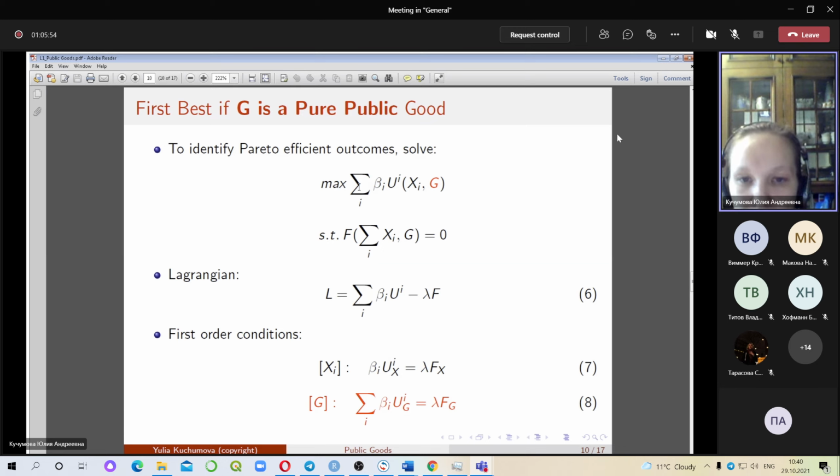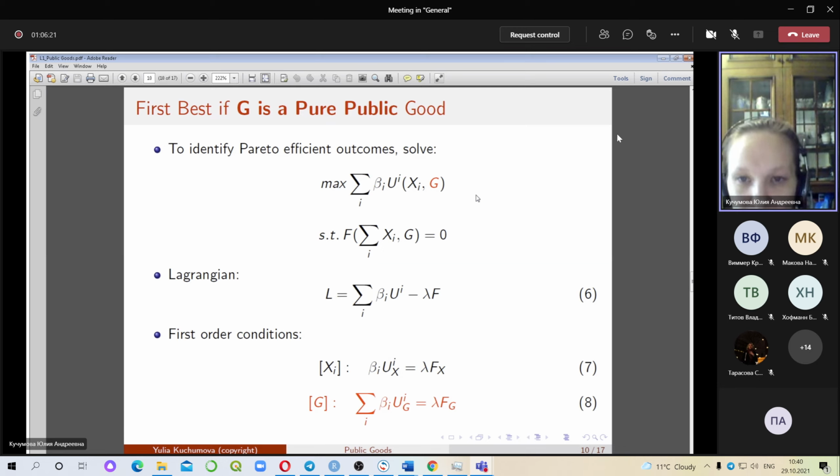When we take the derivative of this social welfare function, it's beta_1 u_1, which depends on x_1 and g, plus beta_2 u_2, which depends on x_2 and g. G enters the utility of each consumer.